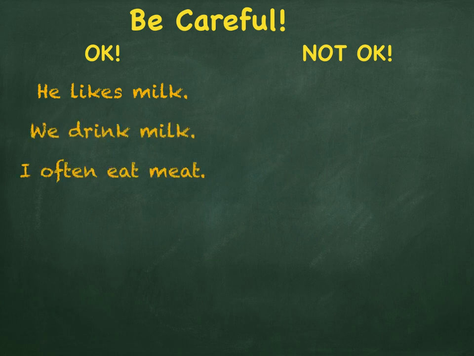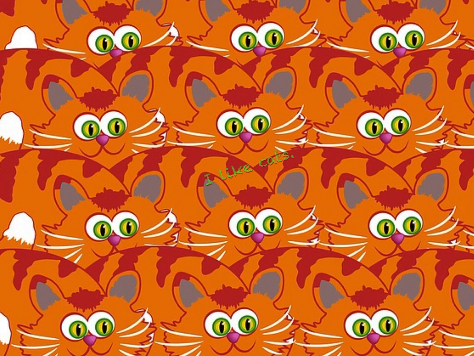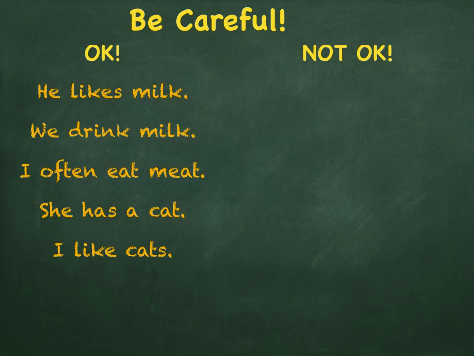These are uncountable. Then here's one about a person who has 1 cat. But this is important. If we want to talk about something countable in general, then we use the general form, which is plural, I like cats. Next.